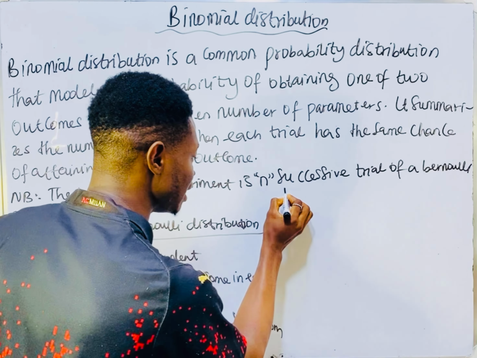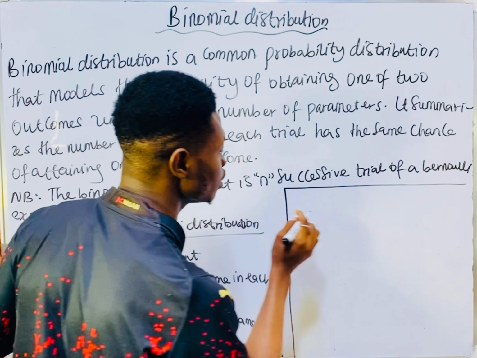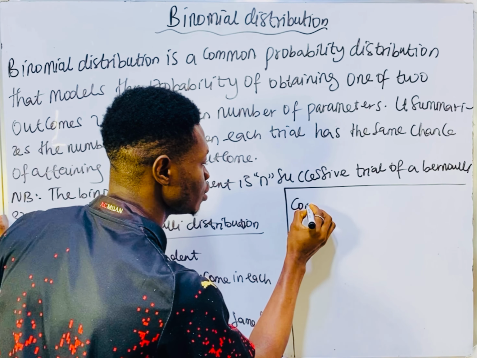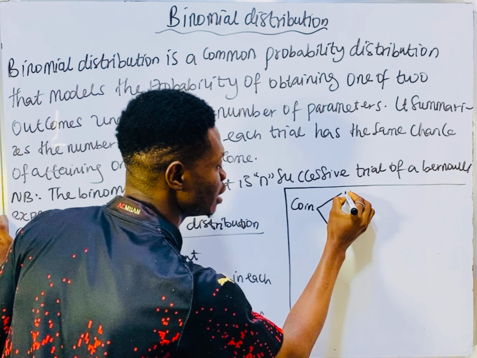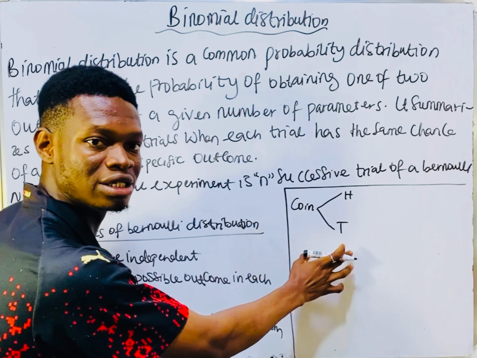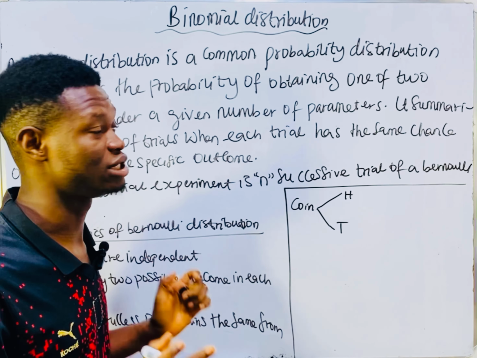Now, let me analyze what we have just explained. Remember, if you have a coin and you have a head and a tail, right? So this one is Bernoulli distribution.